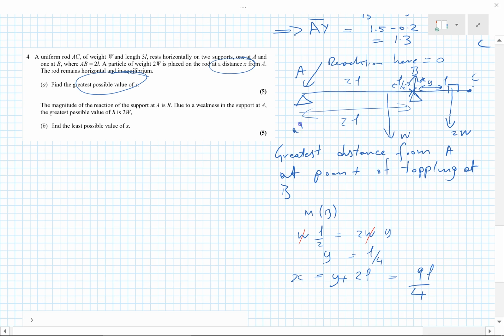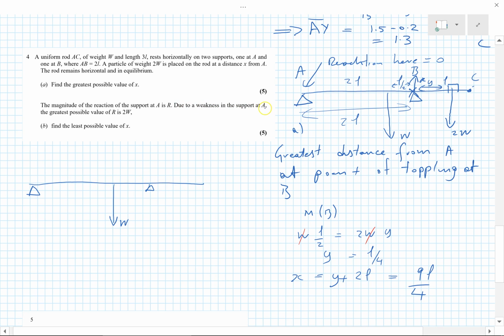Question A. Okay. Right, B. Slightly different situation. It now talks about the least possible value. Let's draw the diagram again. Support at B. Now we've got the weight W, and 2W is going to go somewhere else along the rod here.